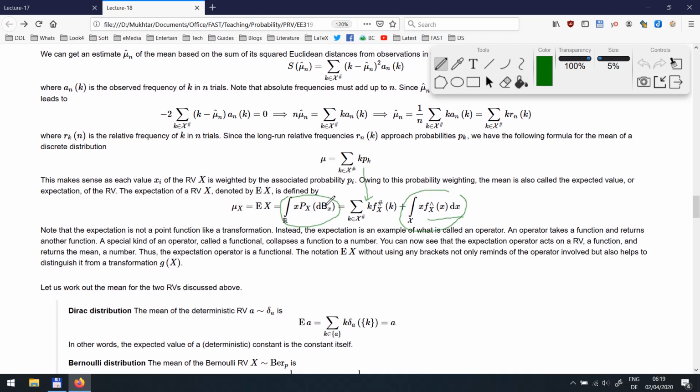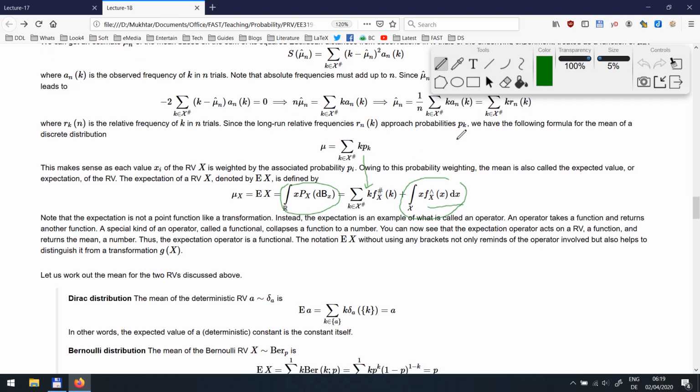And remember, this Bx was that Borel set, differential Borel set. So you take tiny regions on the real line representing Borel sets and you take the integral.